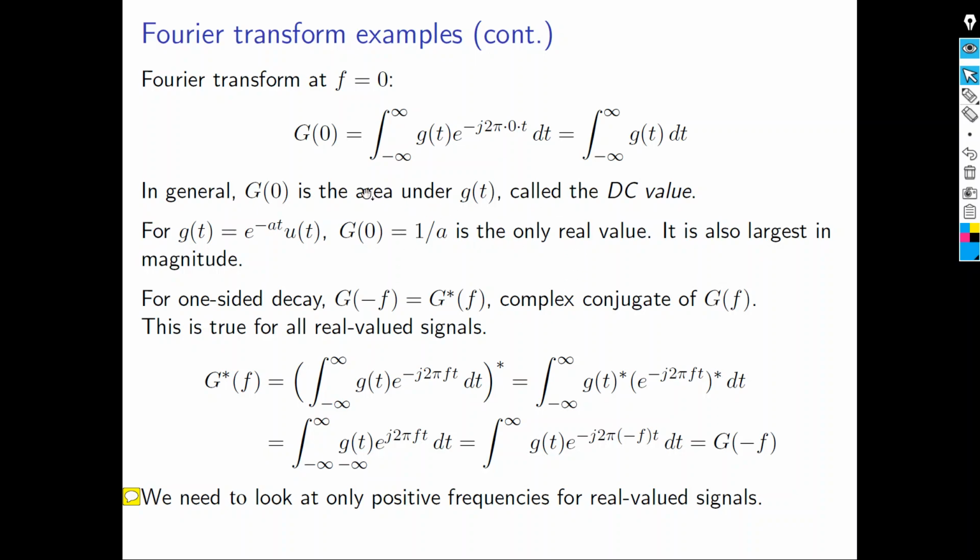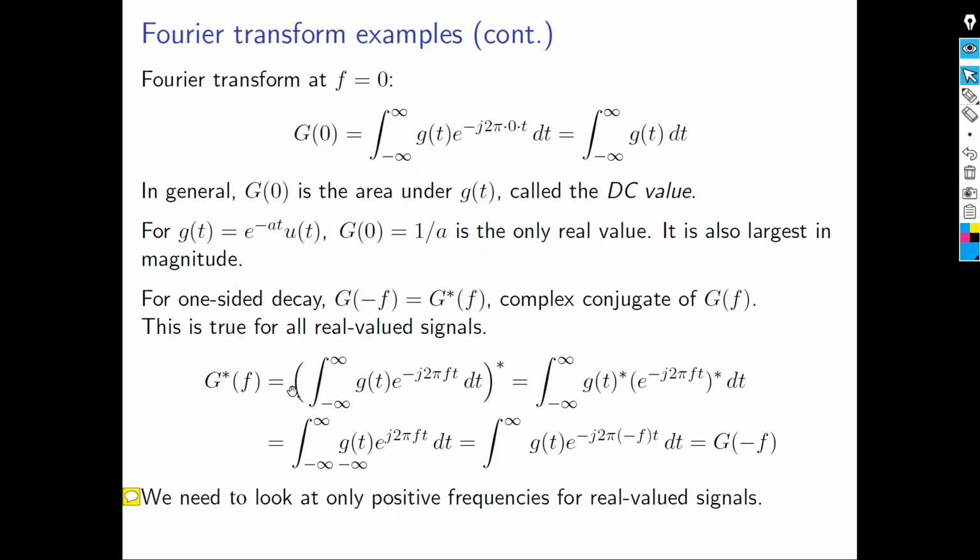So here, for different cases, we are finding what G of f is. What's the Fourier transform of g of minus f? The Fourier transform of minus f is equal to the Fourier transform of the conjugate. So you find what G of f is, and then you find the conjugate. What's conjugate? If you have minus j, make it plus. If you have plus j, make it minus. That's it.